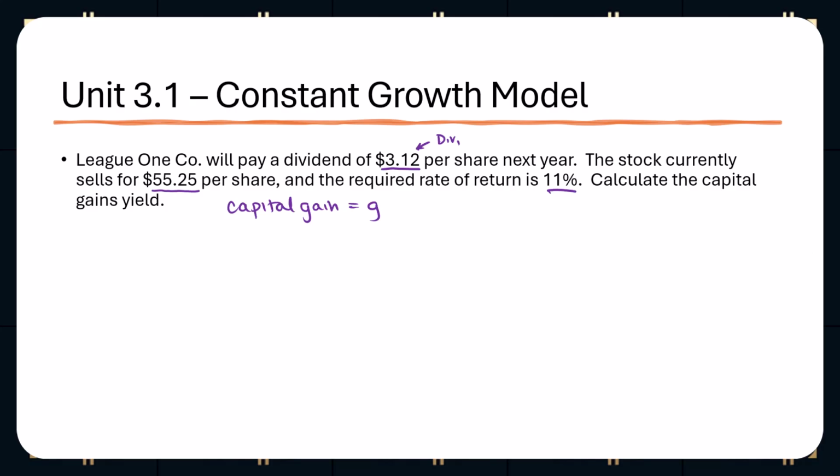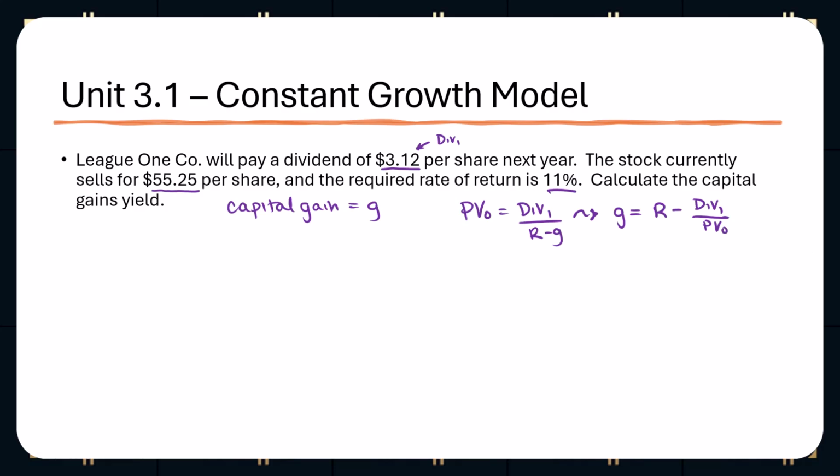So what that means is we need to rearrange this formula of the constant growth model and solve for G. Thus, G is equal to R minus Div 1 all over the price that we would pay to acquire this investment.